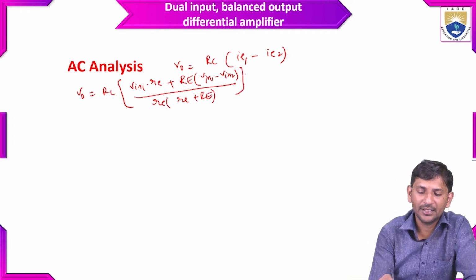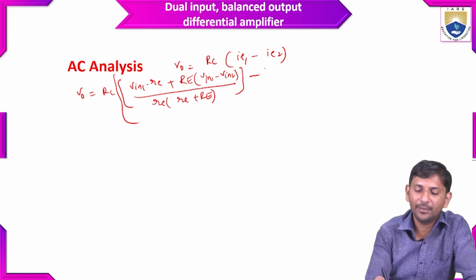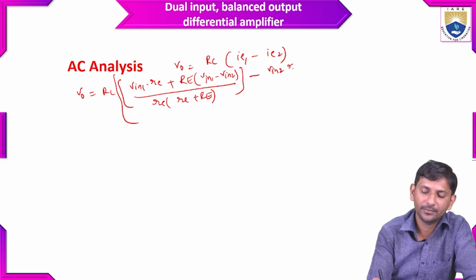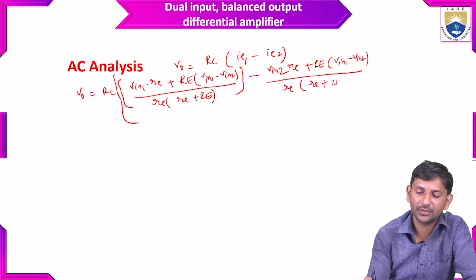Now this is I1. Similarly, minus it will become V in 2 into RE plus RE into V in 1 minus V into whole divided by RE of RE plus 2RE.